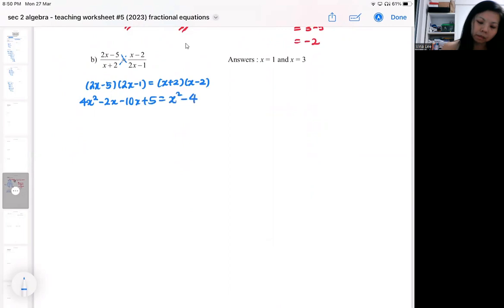By now your expansion should be very perfect. You should be able to do your expansion very well.